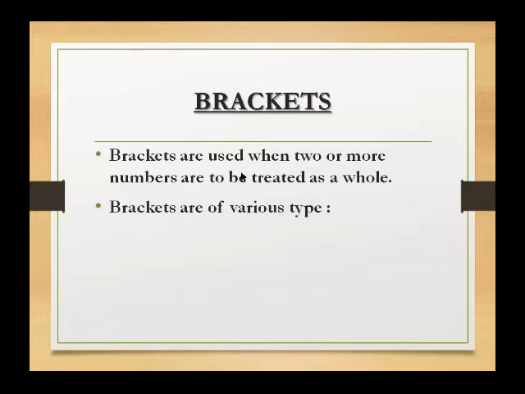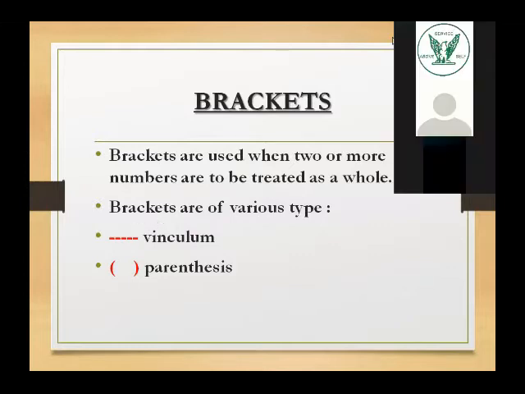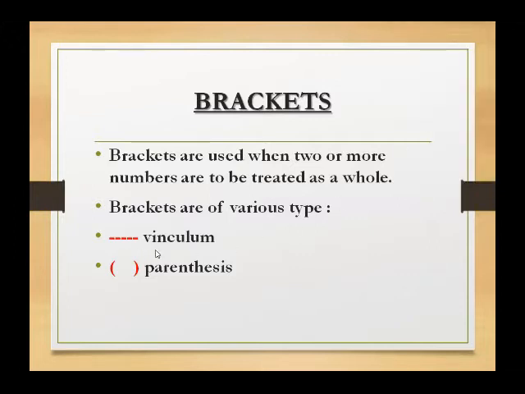Brackets are of various types. There are so many types of bracket. How many types do you know? First is vinculum. Sometimes instead of a pair of brackets, a line is used, and that is called vinculum.